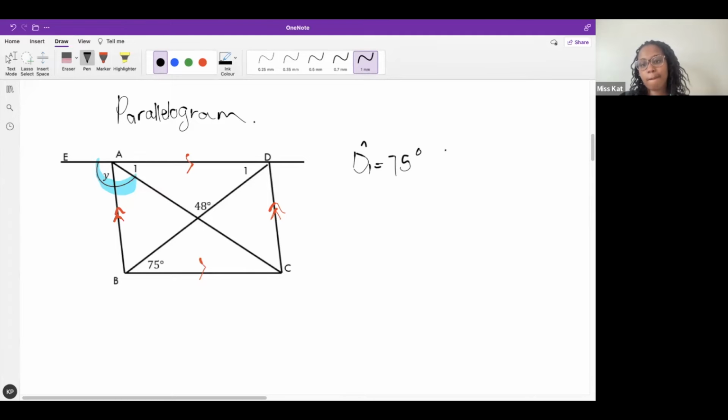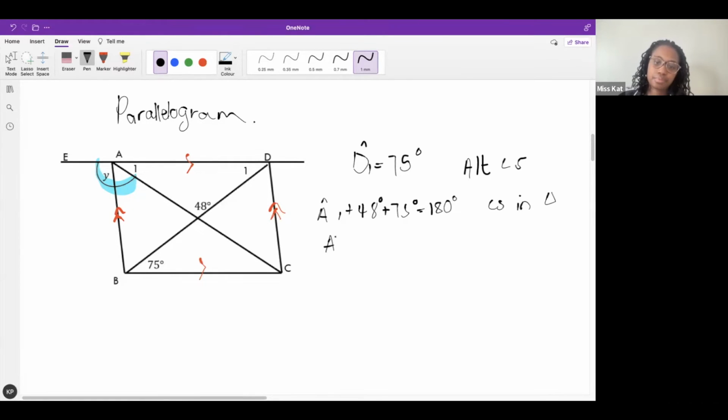So then here I said A1 plus 48 plus 75 is equal to 180, sum of angles in a triangle. And then A1 is equal to 180 minus 48 minus 75. The answer is 57 degrees.